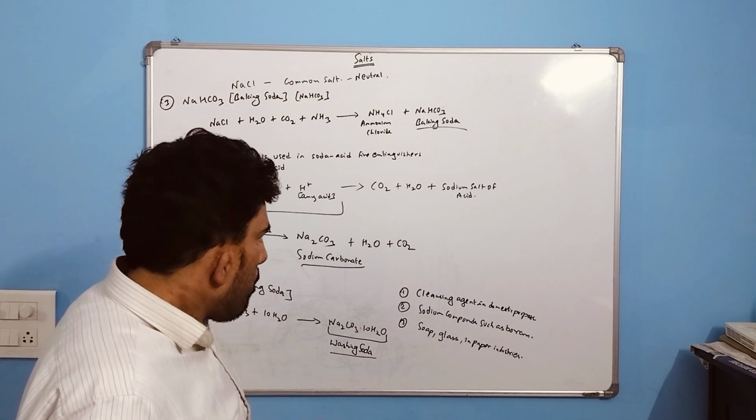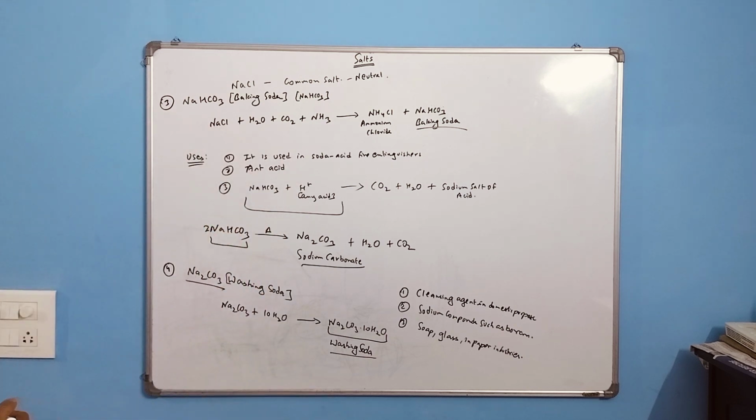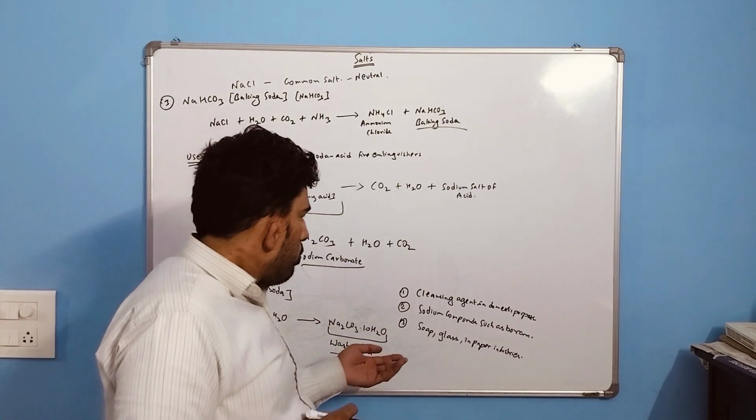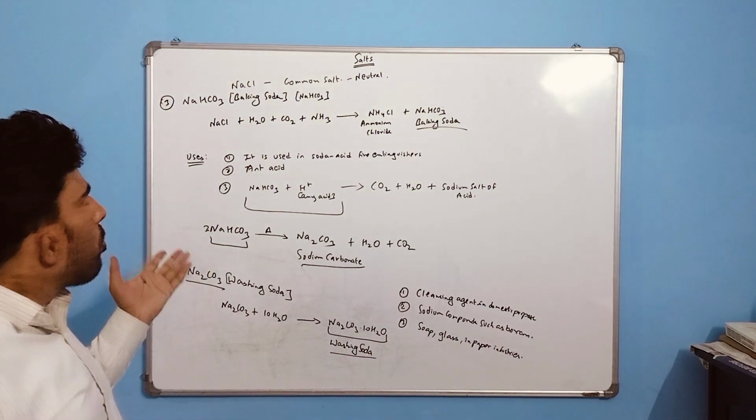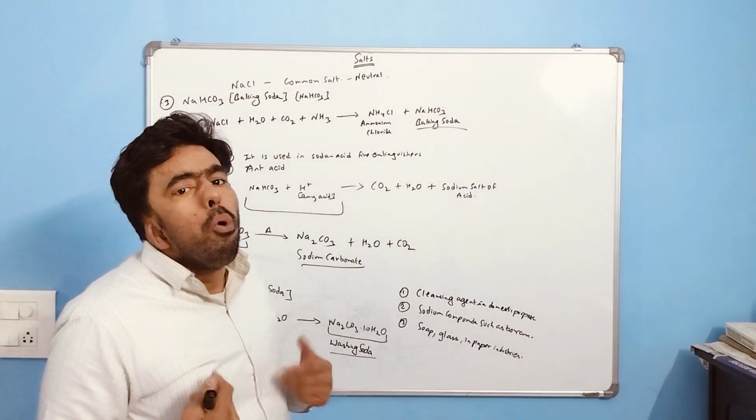So it is used as a cleansing agent in domestic purposes, to make sodium compounds such as borax, and to make soap, glass, and in paper industries. So this is used in many industries. That is why we are now able to know how important these salts or chemicals are.